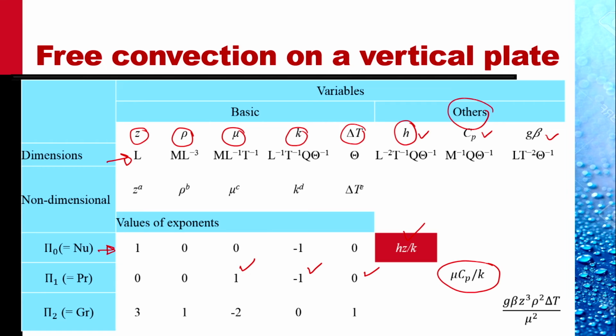And this is recognized as Prandtl number, which is abbreviated as Pr. And g beta involves z, rho, mu, and delta T, and these are the exponents there, which results in this parameter.